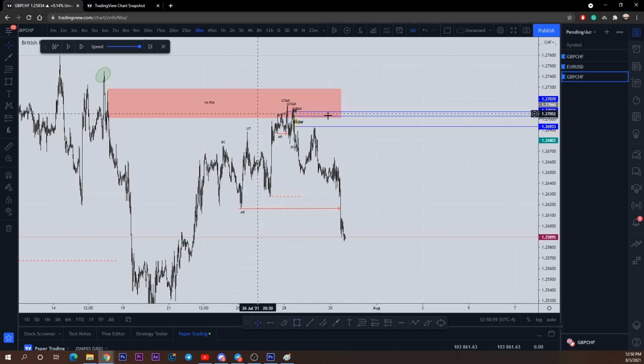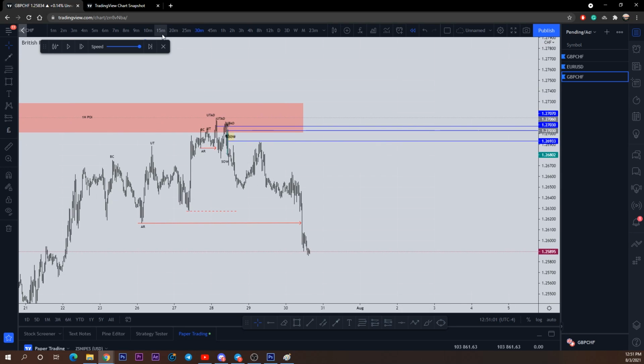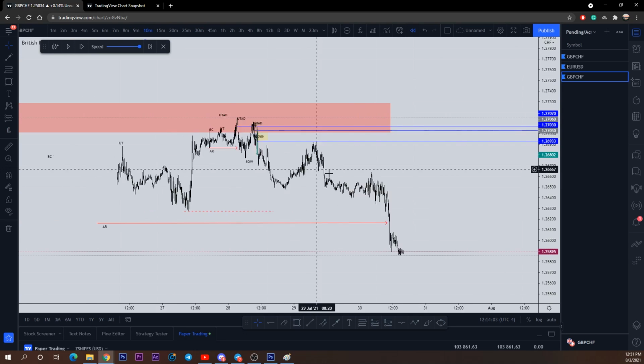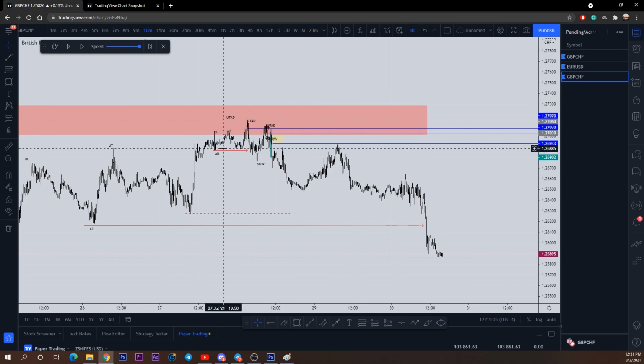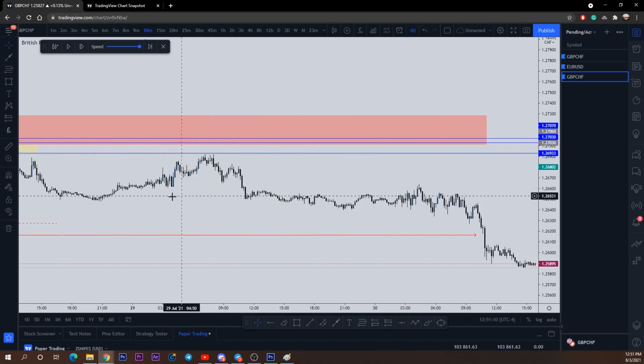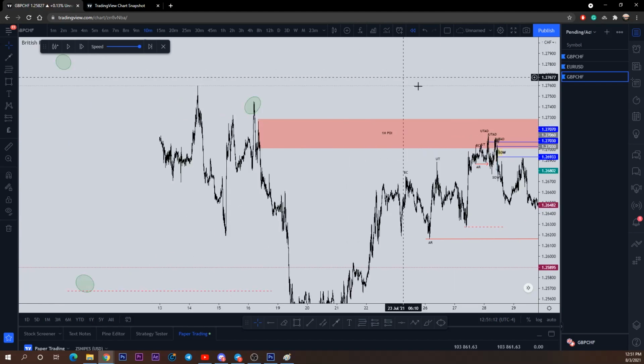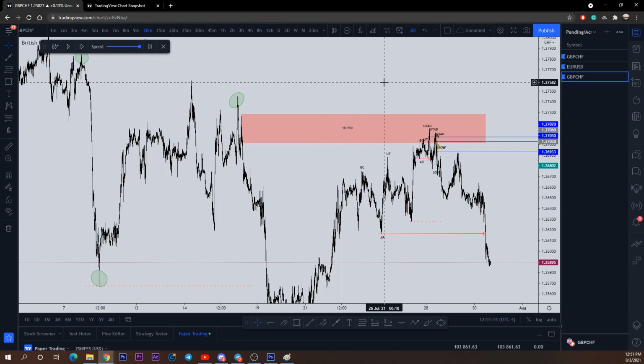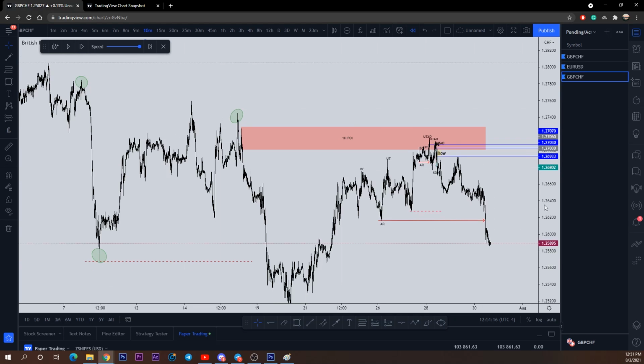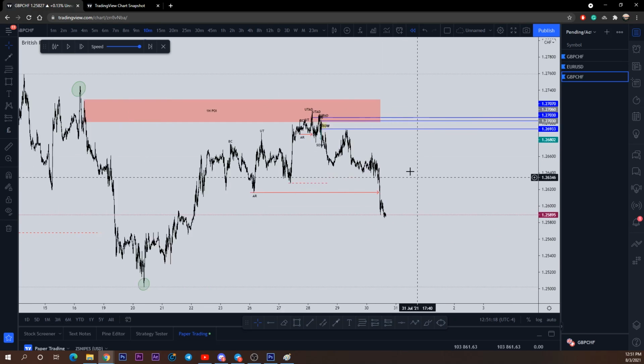This right here is confirmed. Our 30-minute distribution confirmed. We got a 10-minute distribution here, and then we got a 1-minute distribution inside of here. So, man, the fractal nature of the market is crazy, dog.